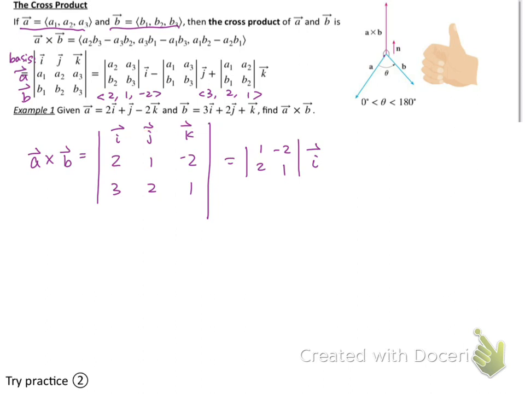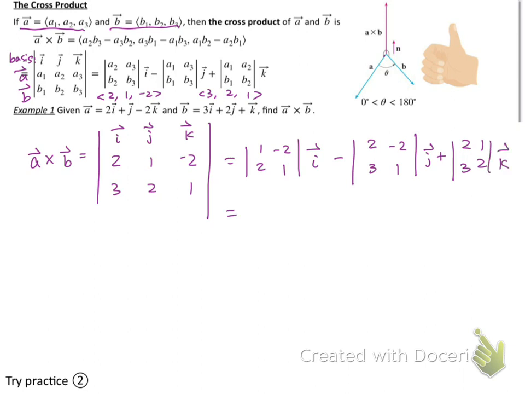Then you're up to j, that's negative. Then you take away the j column and row, you have 2, 3, negative 2, 1, j. Then plus, you take away the k, you have the lower left corner, so we are having 2, 3, 1, 2, k.